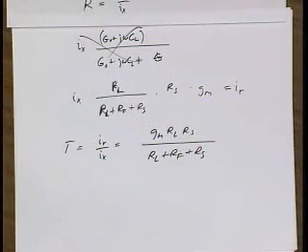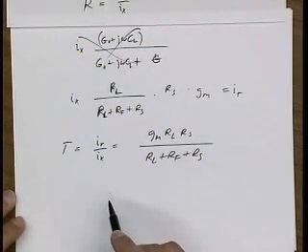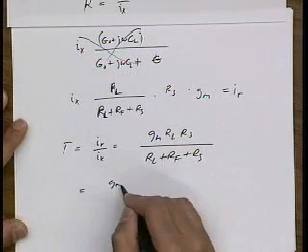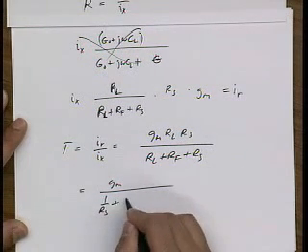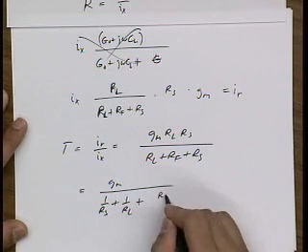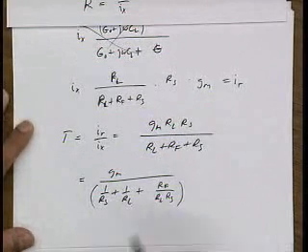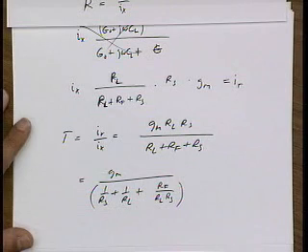Okay, doesn't look very familiar, does it? So let's divide through and try to make this equation a little bit more familiar. Let's divide numerator and denominator by, first of all, RL and RS. So this gives me 1 over RS plus 1 over RL plus RF over RL RS. And now let's multiply numerator and denominator by RF.